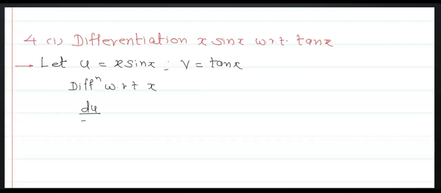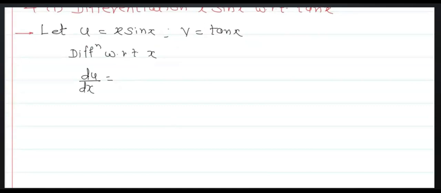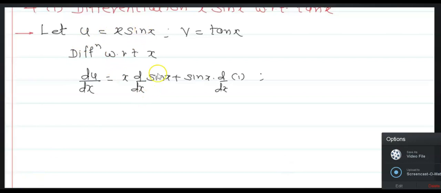Now differentiate this. u is a function of x, v is a function of x. Now differentiate with respect to x. du by dx, apply the product rule. Now see this here. That is the x, derivative of sin x is cos x. Sin x, derivative of x, that is 1. I have written that.